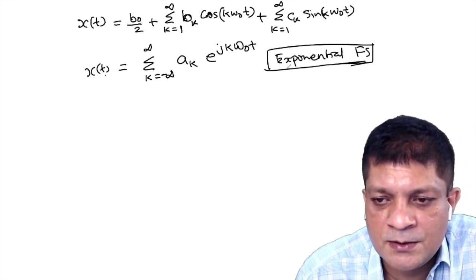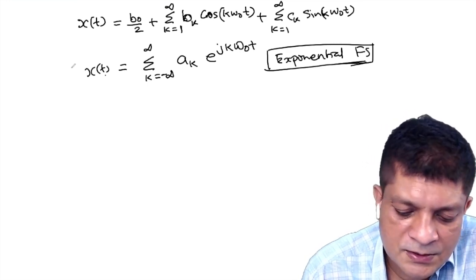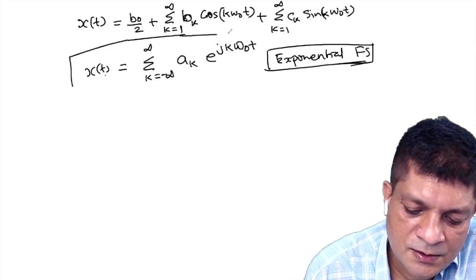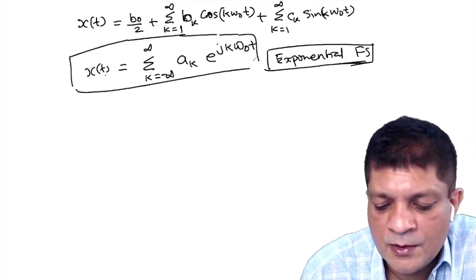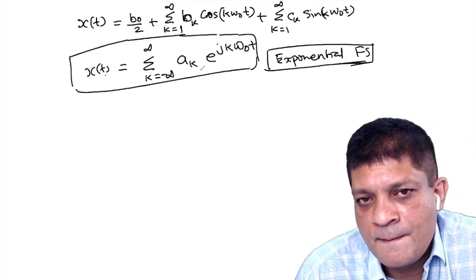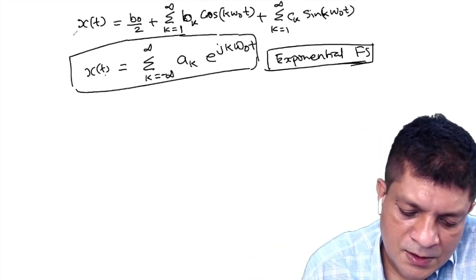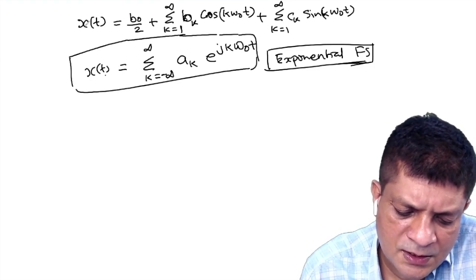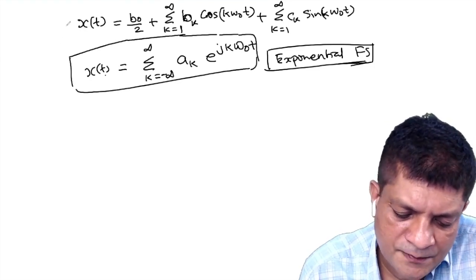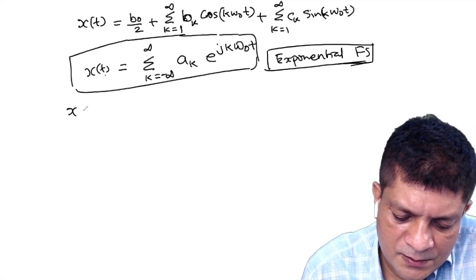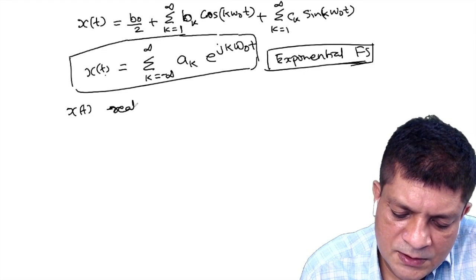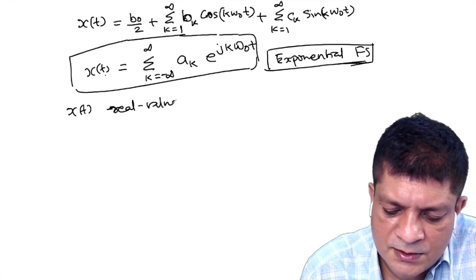First, let me explain the reason why we consider this exponential form of Fourier series representation. Before that, suppose we consider a real valued signal x(t).